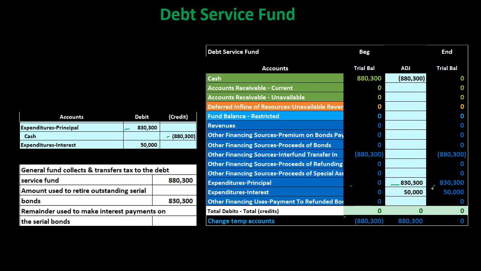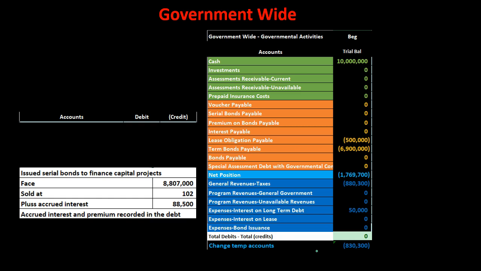That's the unusual piece right here, because you would think that we would be putting that to a liability on an accrual basis. However, we don't have the liability, of course, because we're on the modified accrual basis showing the activity. We have the cash going down. Cash is up here. It goes down to zero. Then the difference goes to the expenditure. So we have the expenditure increasing in the debit direction for the $50,000 of expenditure for the interest.